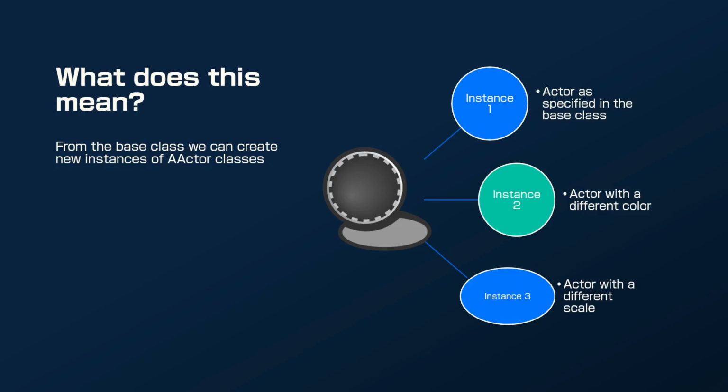And that's how we can actually get a wide range of actors that are very different from each other. Whenever we create an instance, we are taking the information inside the base class, which is either code written in C++ or code written in Blueprints, and we're spawning it in the level. This is what we call spawning: creating instances of a certain actor in our level.